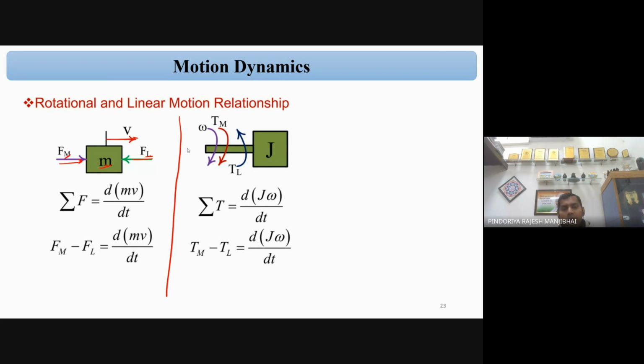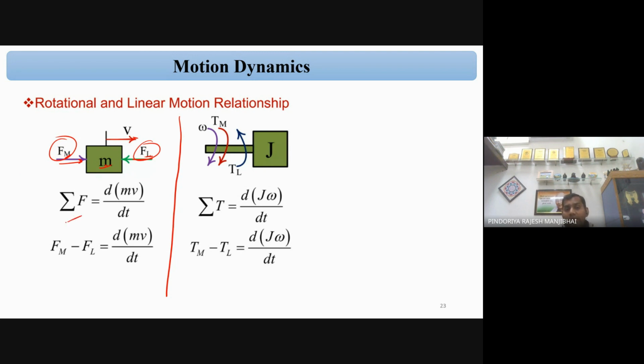Whenever we move the mass from the left hand side to the right hand side, there is always a force on the opposite side, correct? That opposite force may be air resistance or any external force. So in this example, we consider FM as the motor force, and FL as the load force that opposes the motor force, correct?